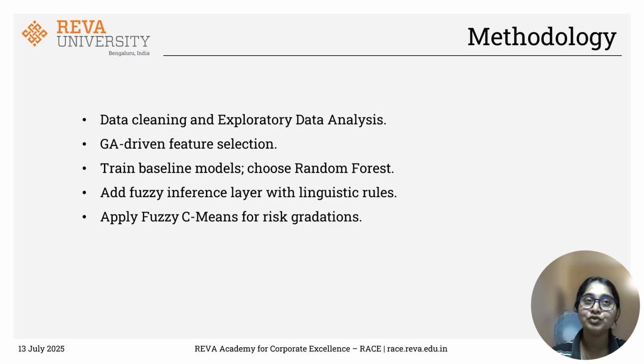Then we train a random forest model on those features. After that, we integrate a fuzzy inference system using human readable rules. Finally, we use fuzzy C-means clustering to classify patients into different risk levels. This multi-step pipeline increases both accuracy and explainability.